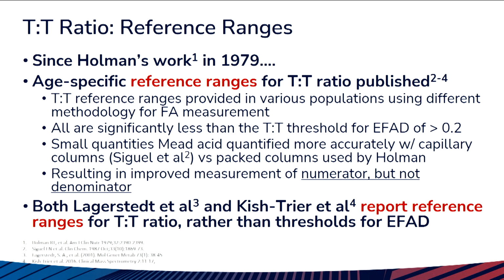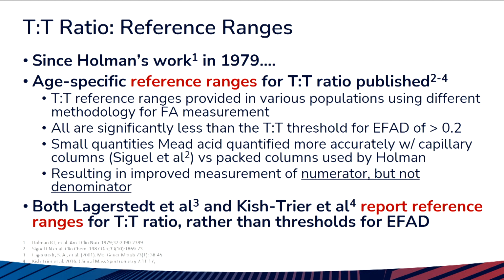Since Holman's work in the late 70s, age-specific reference ranges for TT ratios have been published. They were provided in various populations, and they used different methodology to measure these fatty acid profiles and establish the reference ranges. They're all significantly less than the TT threshold for EFAD that is the Holman index.